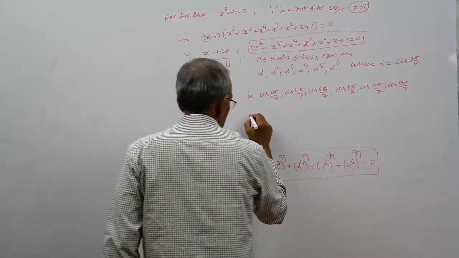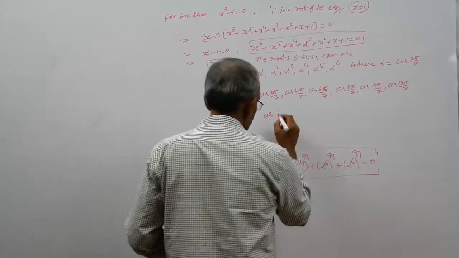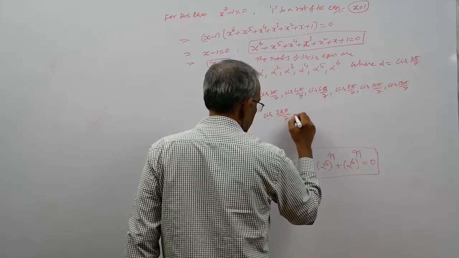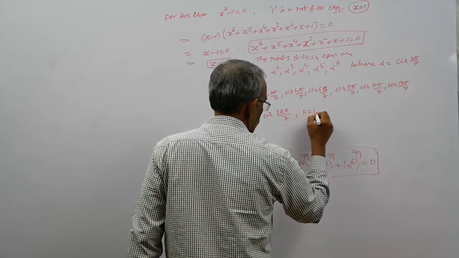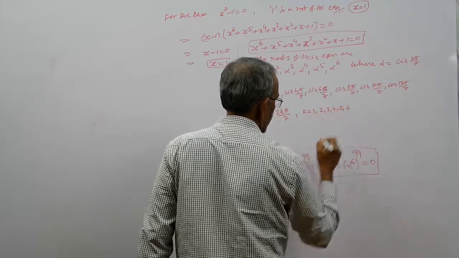That is cis of 2k pi by 7, where k is equal to 1 2 3 4 5 6.